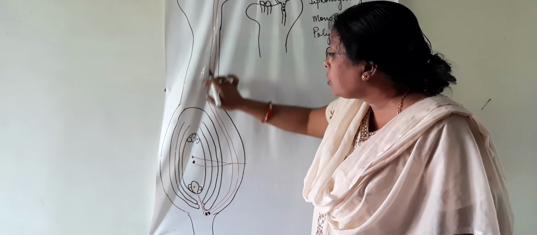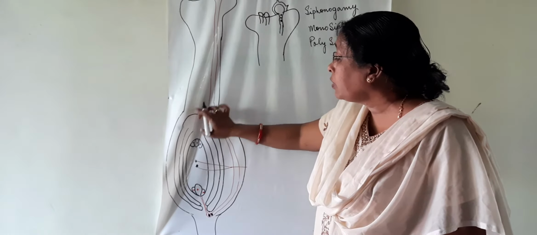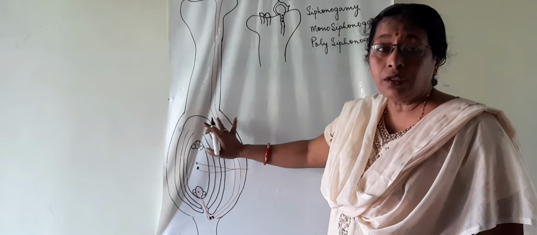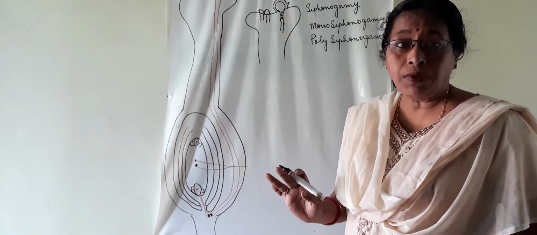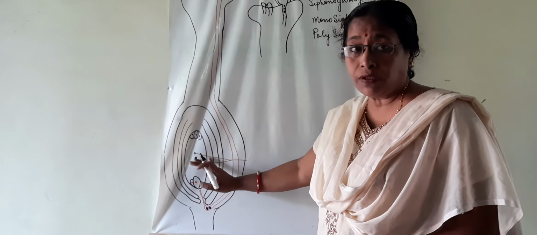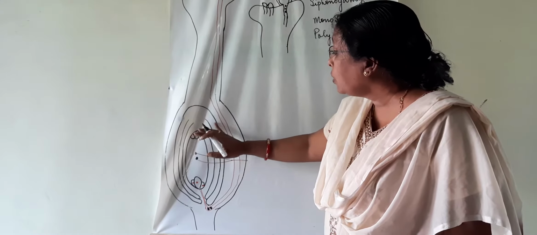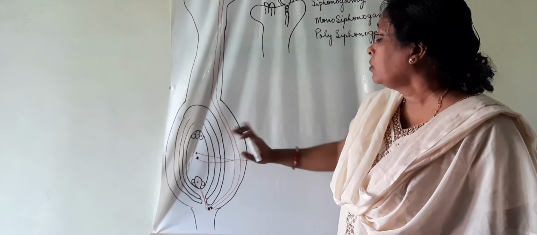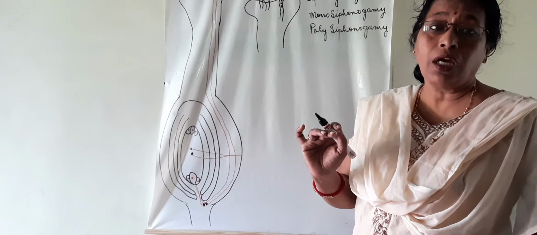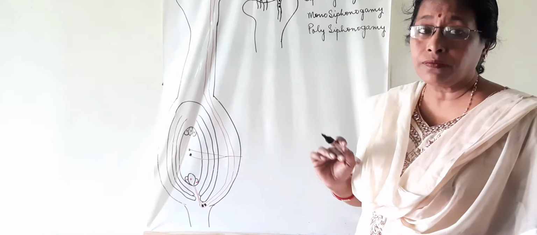If it enters directly from the chalazal end, then it is known as chalazogamy. If it enters through the integuments, there are two integuments, then it is known as mesogamy.